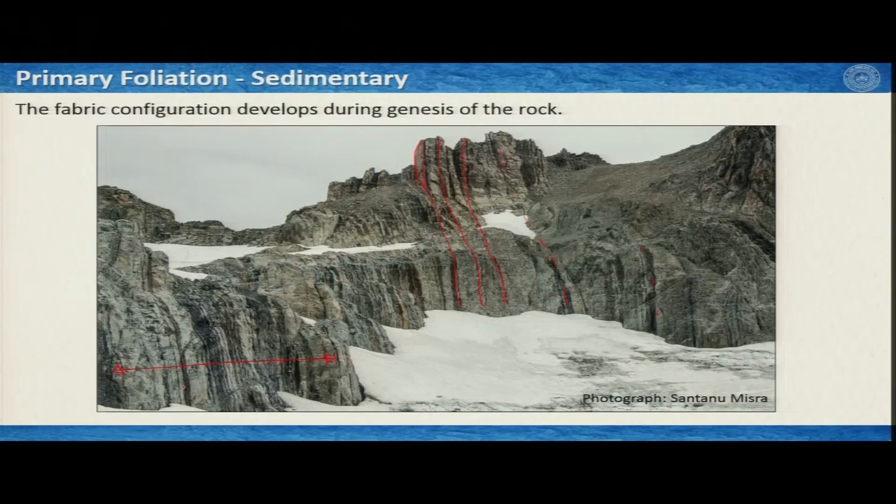Across the foliation, the layer thicknesses also vary even within the same composition. So, here you see some laminations and then a thick layer and so on. This is very characteristic of sedimentary foliation or primary foliation.